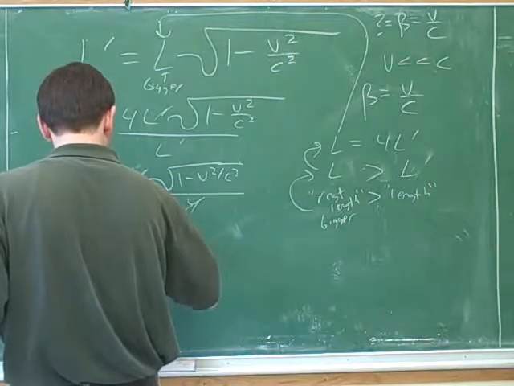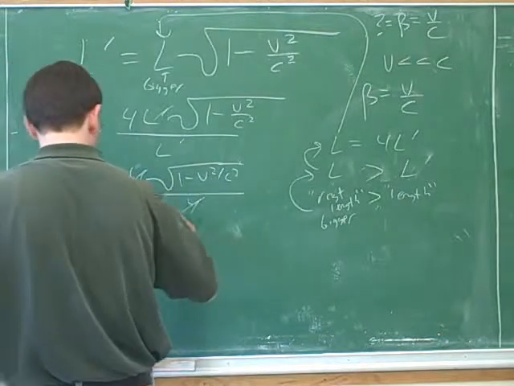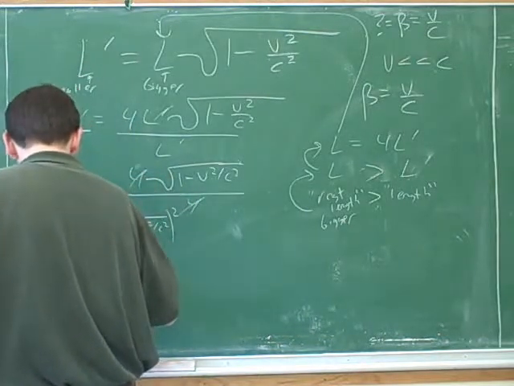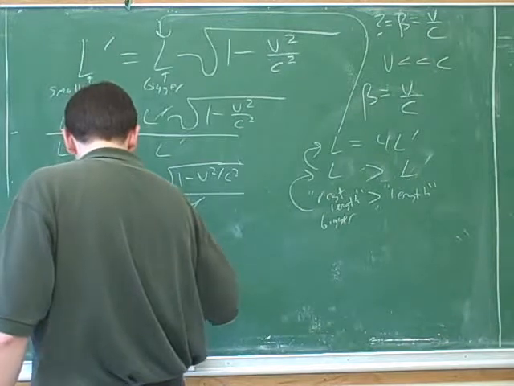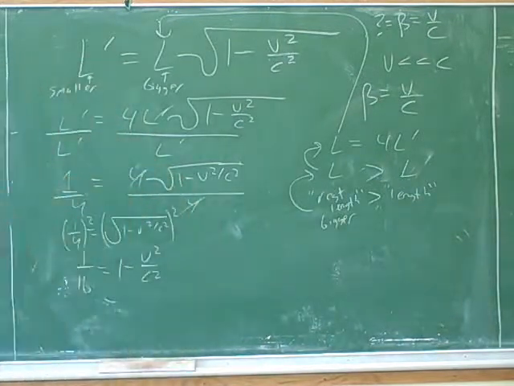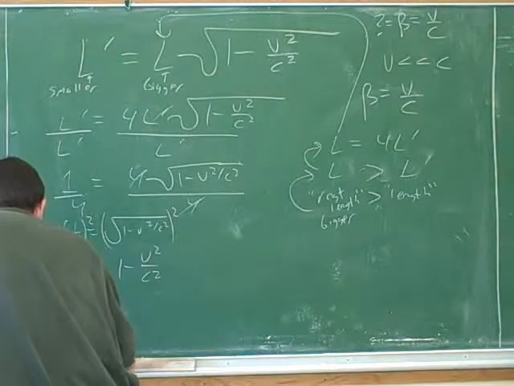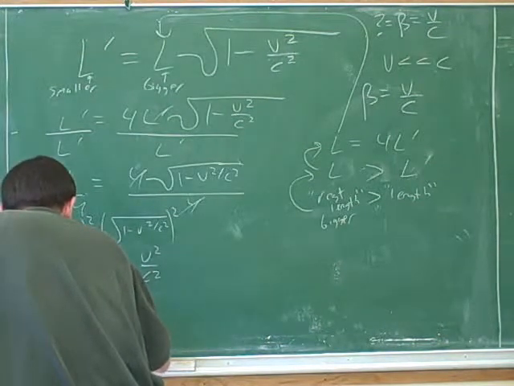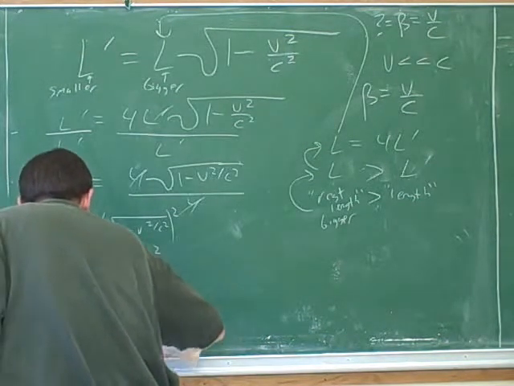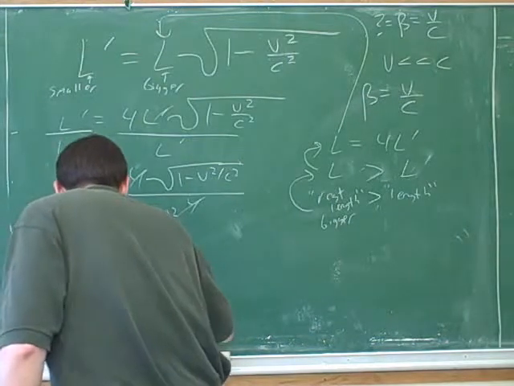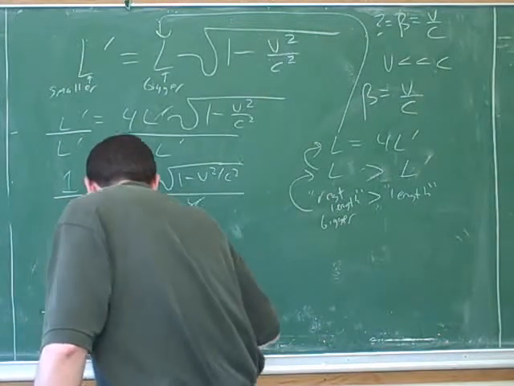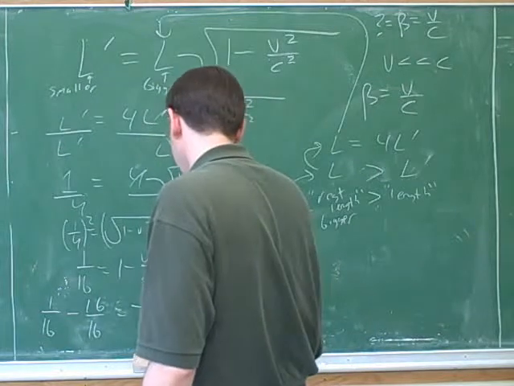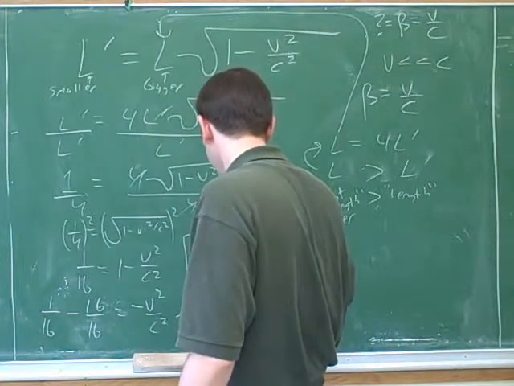And then we have 1/16 minus 16/16, which equals negative 15/16 equals negative v squared over c squared, so v over c equals beta equals the square root of 15/16.